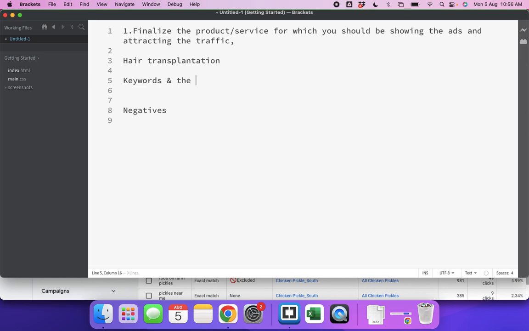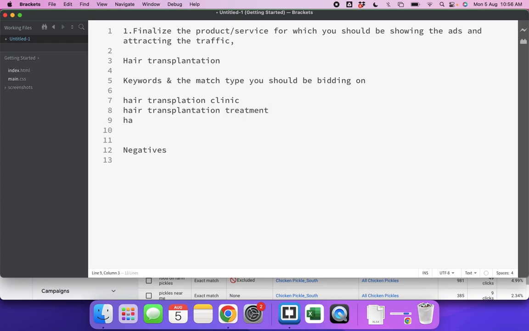Keywords and the match type you should be bidding on, right? Keywords are now hair transplantation clinic, hair transplantation treatment, hair transplantation hospital.